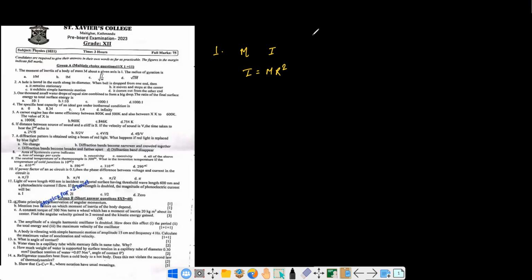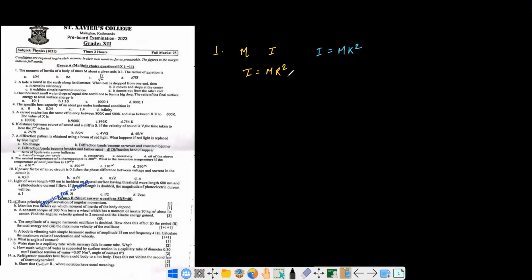In terms of the radius of gyration, the moment of inertia equals m k square. So we have to calculate the radius of gyration in terms of the given parameters I and m.